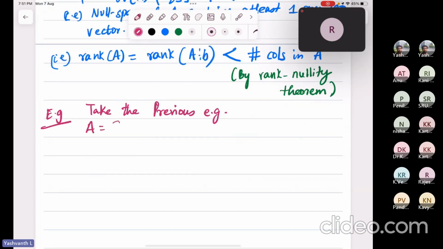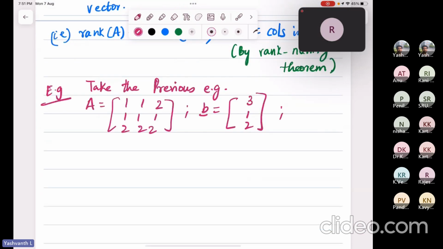A equal to 1, 1, 2, 1, 1, 1, 2, 2, 2, and B equal to 3, 1, 2. We clearly saw that B lies in the column space of A. That's where we got rank of A equal to rank of A augmented with B.